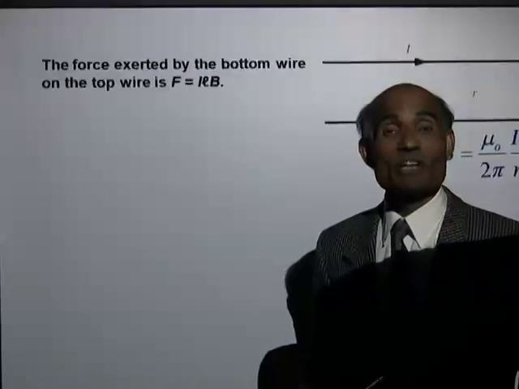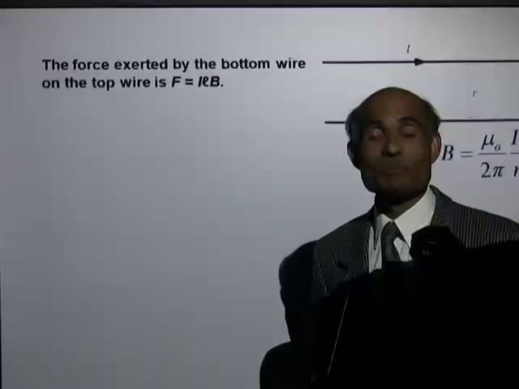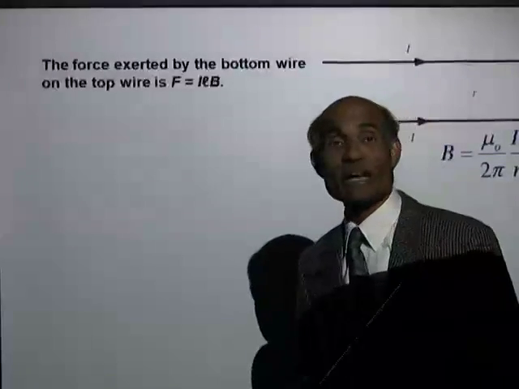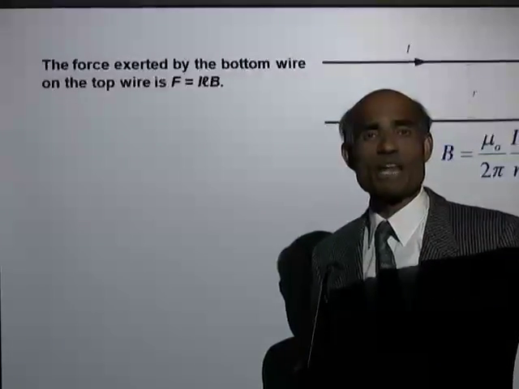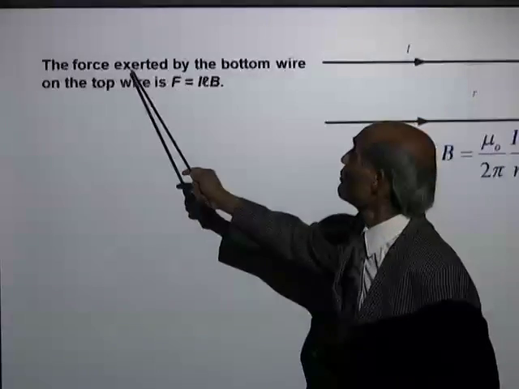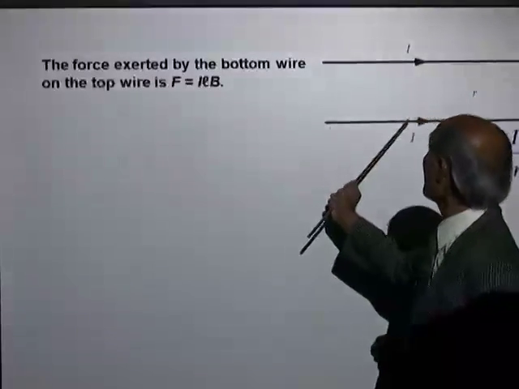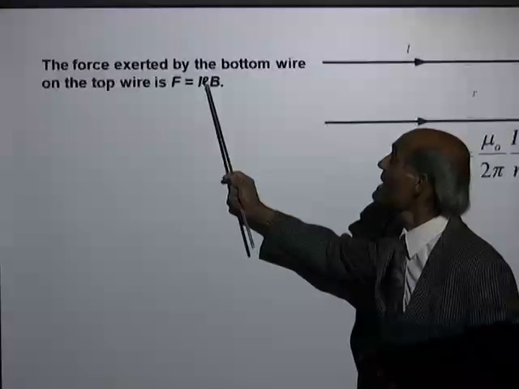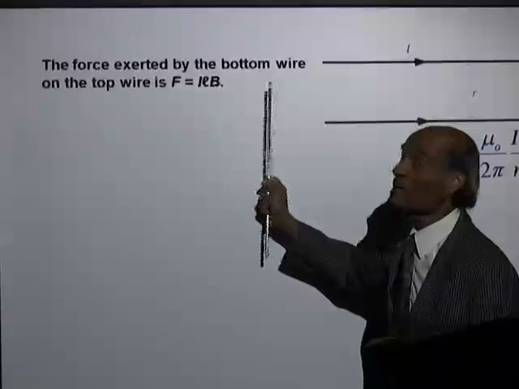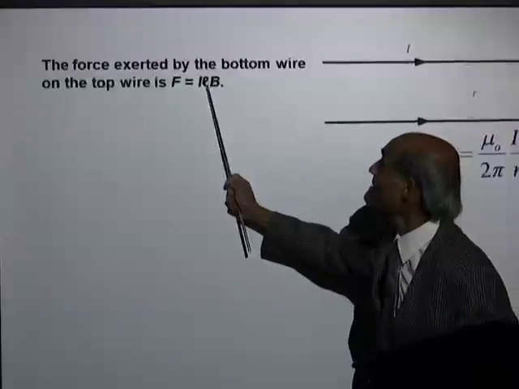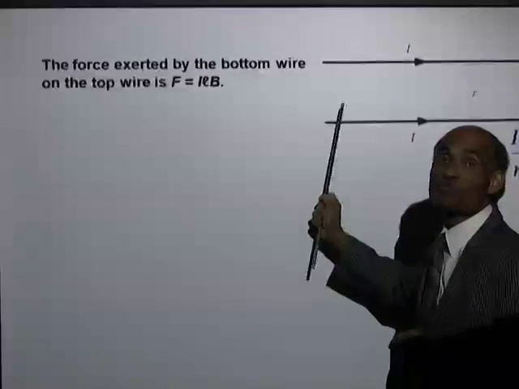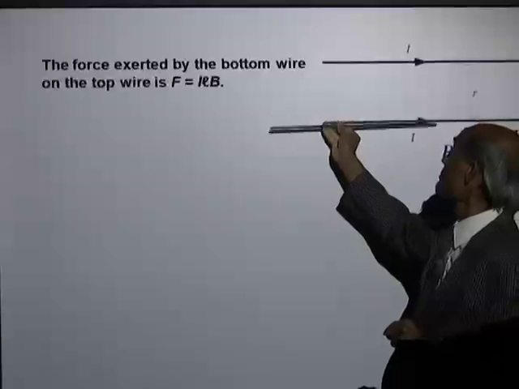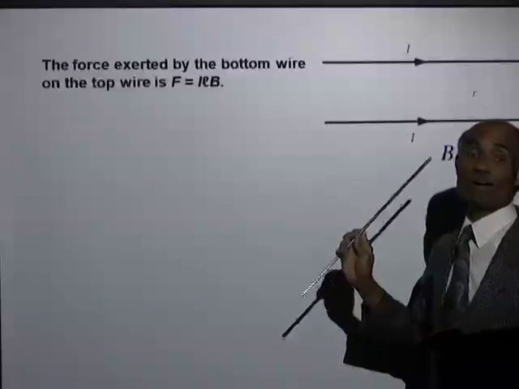If you remember the expression for force exerted by a current carrying conductor that we discussed in the last lesson, we can say the force exerted by the bottom wire on the top wire will be I L times B, where I is the current, L is the length, and B is the magnetic field produced by the bottom wire at the top wire.